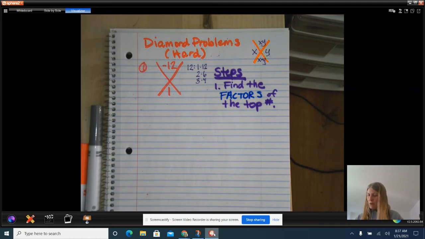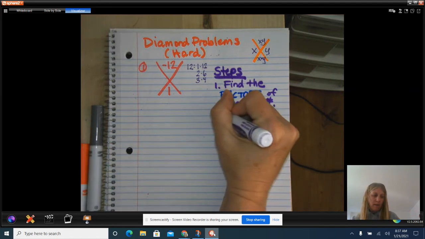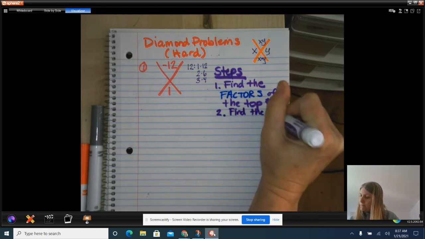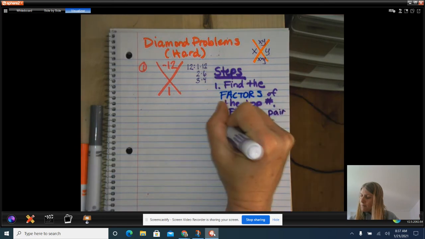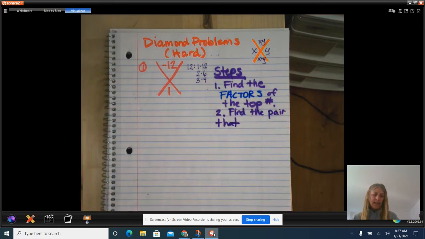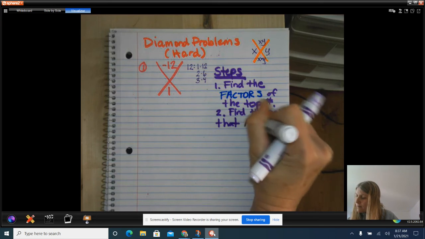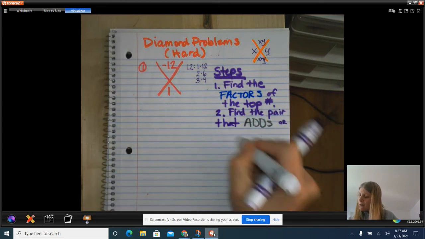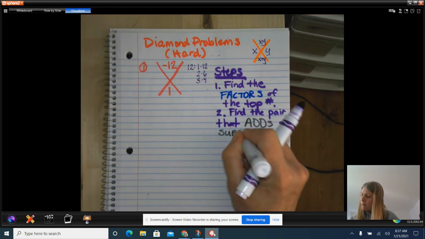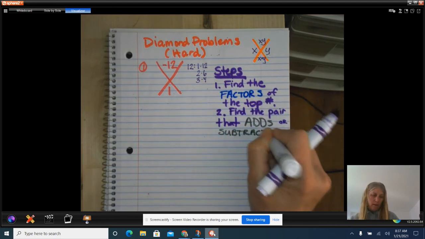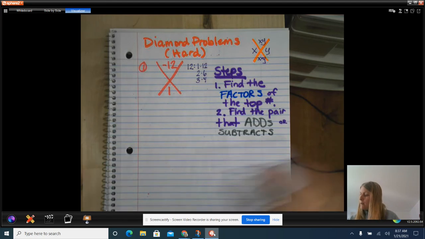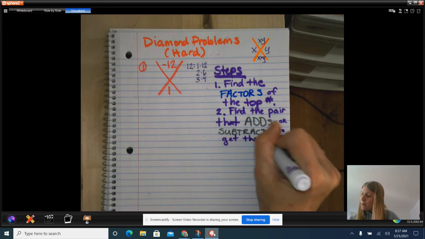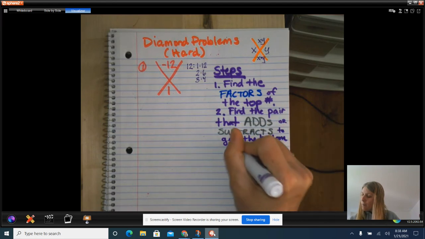So our step number 2, find the pair that adds or subtracts to get the bottom number.